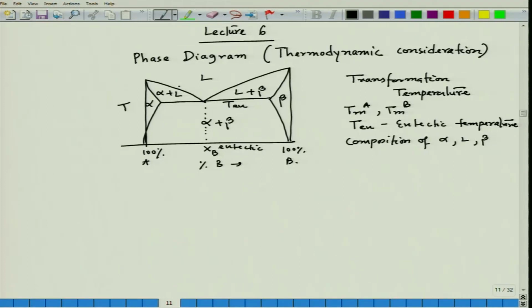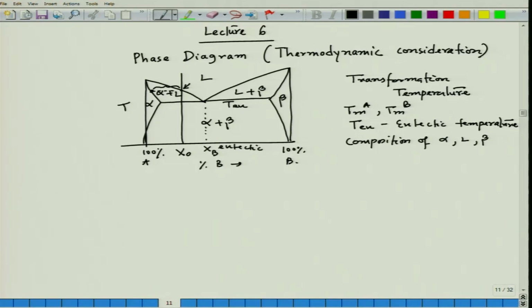For example, if I try to take this composition which is X0, then at this point first solid would appear and that solid would have composition which is here, and then the solid amount would be very small, but the liquid amount would be decided by the lever rule, which is this much amount of liquid would be there.